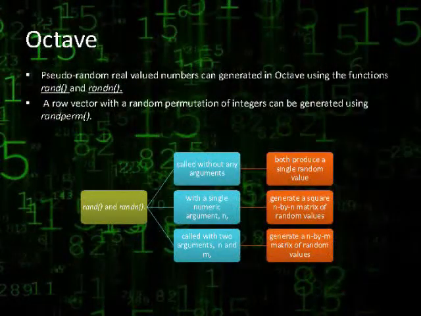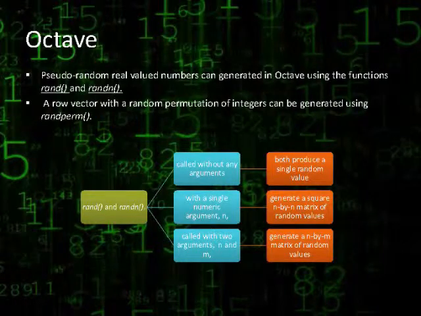Pseudo-random real-valued numbers can be generated in Octave using the functions rand and randn. Additionally, a row vector with a random permutation of integers can be generated using randperm. If the routines rand and randn are called without any arguments, they both produce a single random value. However, if they are called with a single numeric argument n, they will generate a square n by n matrix of random values.